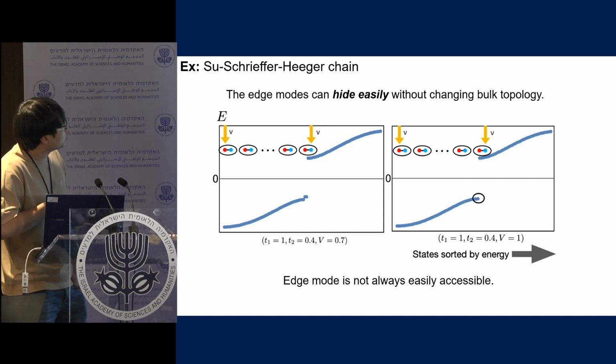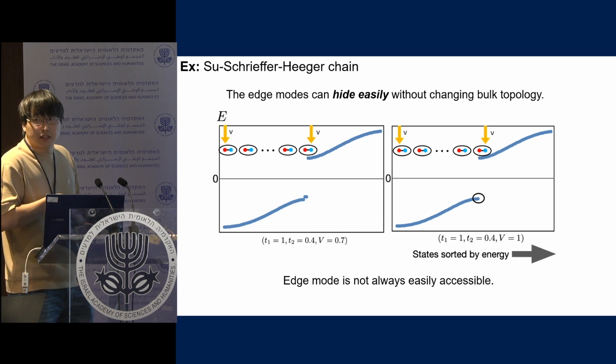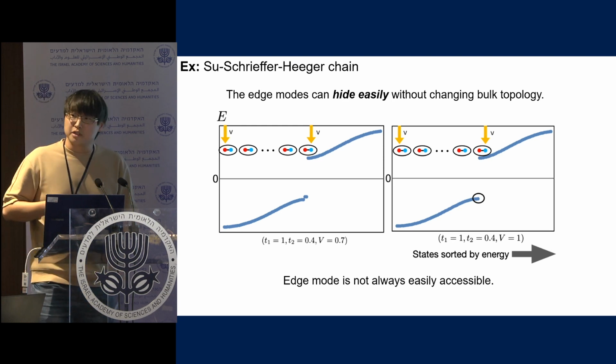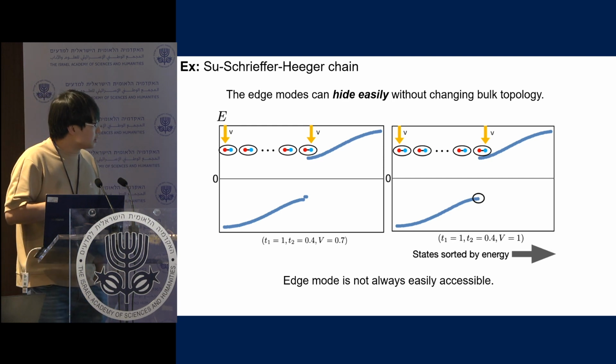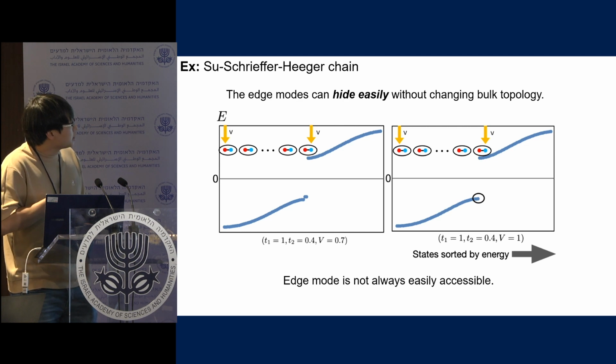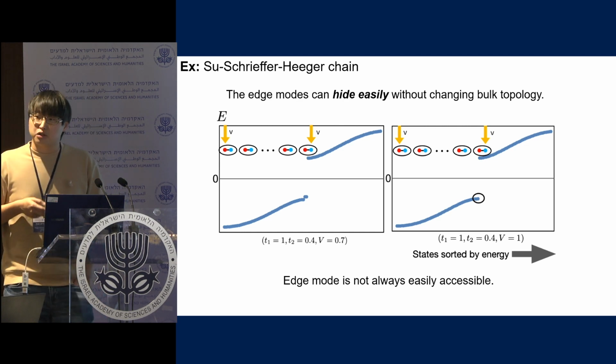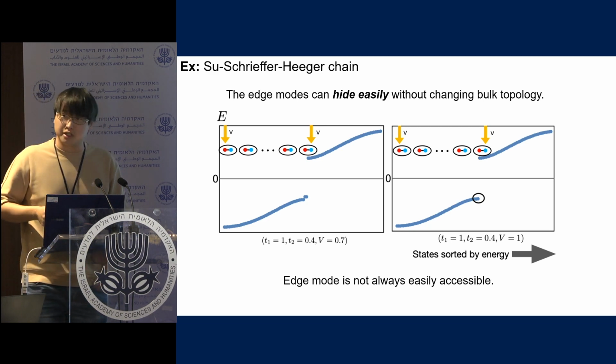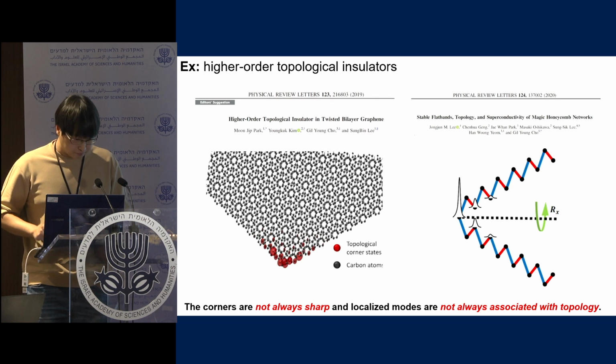For example, if I have an open chain and apply boundary perturbations, the edge modes tend to hide inside the bulk spectrum, and these modes are not easily detected in experiments. These perturbations don't change the bulk topology, so detection of topological states, even in this simplest case, is not very clear in experiments.